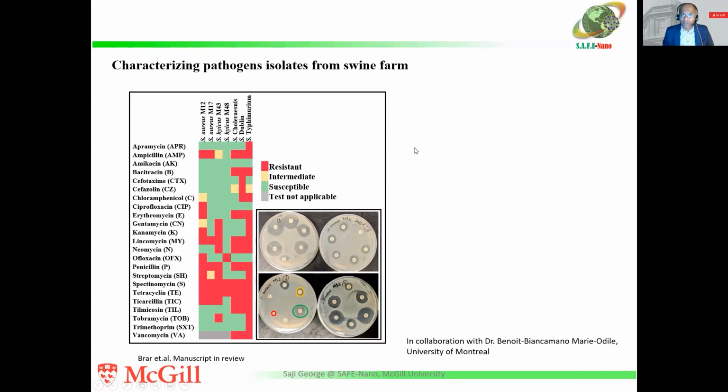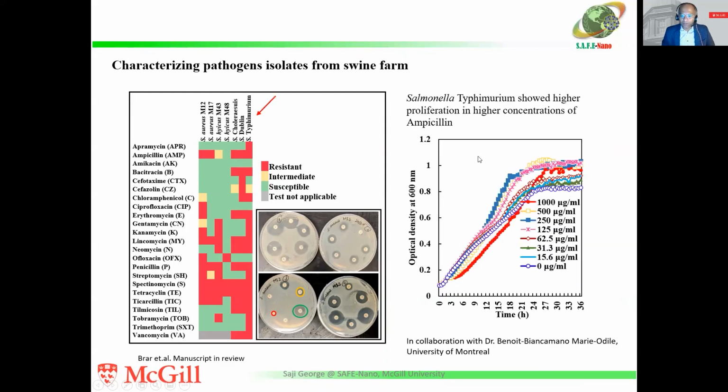And we identified this bacteria that is a peculiar one. It actually has a high cell proliferation in presence of ampicillin. You can clearly see that in presence of 250 or 500 microgram per ml concentrations of ampicillin, the proliferation is higher in comparison to the control, which is not exposed to any.